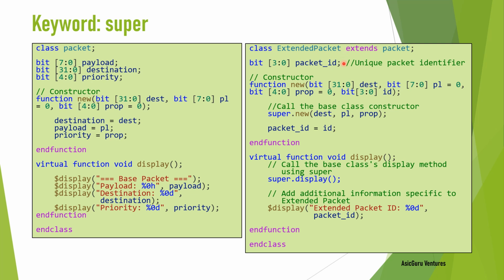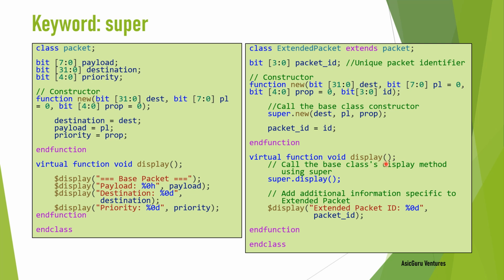It adds only one property here, that is packet ID. Now in the constructor of this derived class, we are using this statement super.new. So what would this statement do? This would call the base class constructor and initialize all the inherited fields from the base class. After that, we are initializing the new field, that is packet ID.